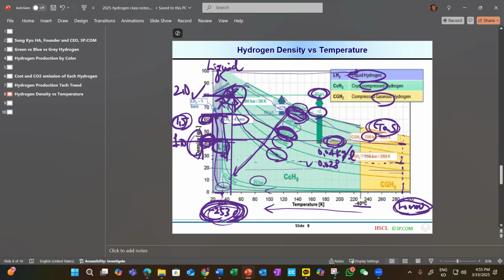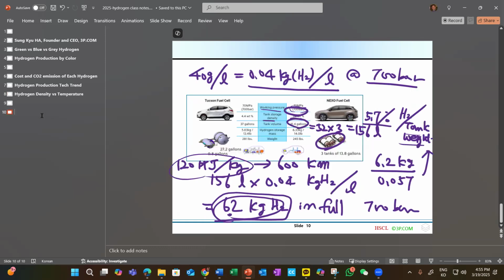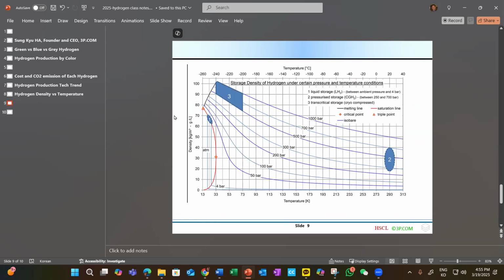Later we will study more depending on this hydrogen state storage method. Anyhow, this is the density, temperature and pressure relation. There is a similar chart with status 1, 2, 3, and 1 is the liquid, as I mentioned. 2 is the highly compressed room temperature, and 3 is the cryogenic compressed storage method.